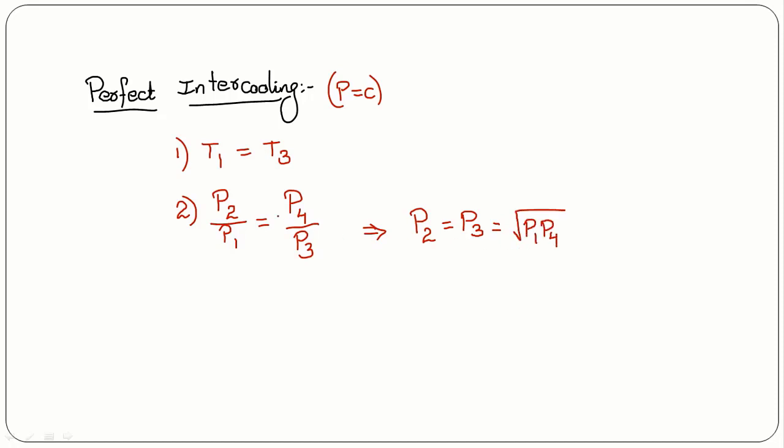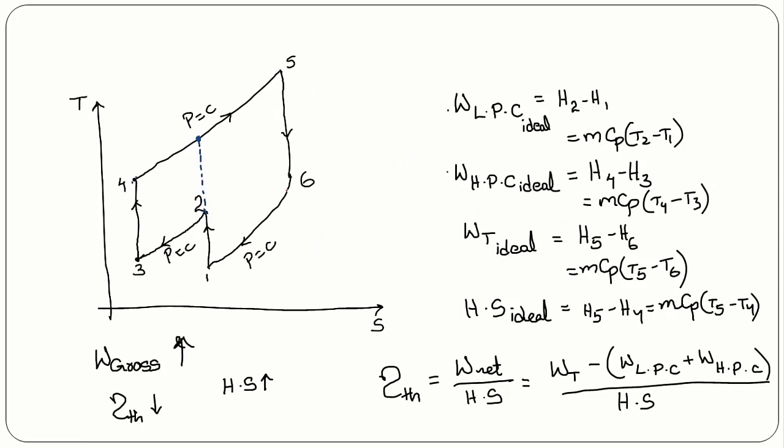So in order to have perfect intercooling, the intercooler pressure should be the geometric mean of the maximum pressure and the minimum pressure of the cycle. Try to understand this carefully. The maximum pressure of this cycle is P4 equal to P5, whereas the minimum pressure is P1 equal to P6.